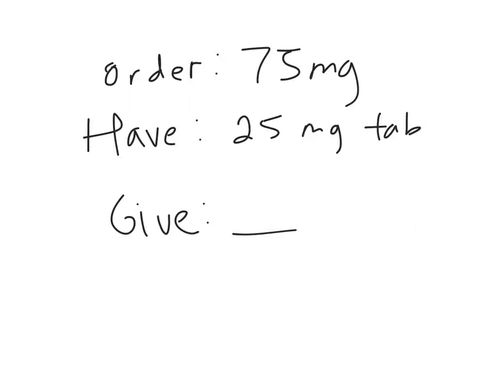If the doctor orders 75 milligrams, but each tablet contains 25 milligrams of medication, then they need 3 times that dose. So the answer here would be 3. We're going to give 3 tablets.